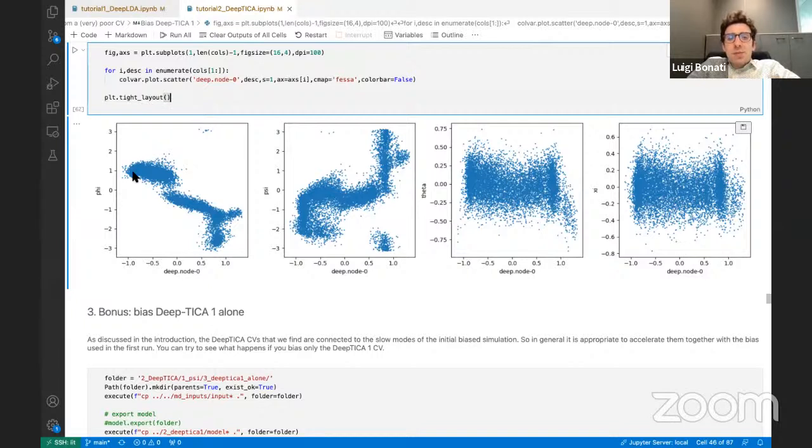The fact that, as before, we are able to take as inputs a set of poor descriptors like the distances, here optimizing them with a different criterion, and still understand by looking at the correlation with known physical variables what the neural network has learned.